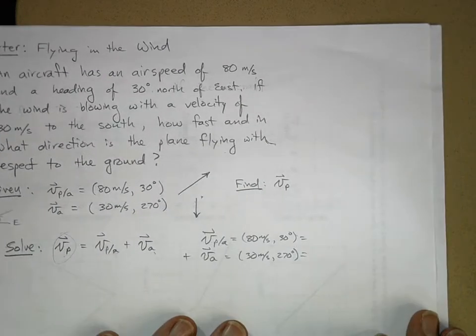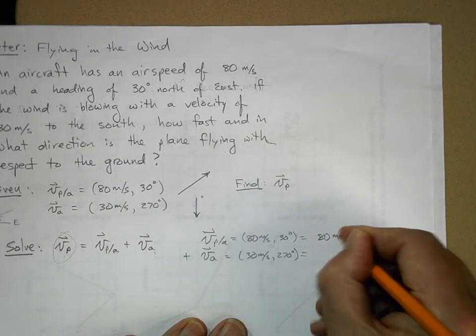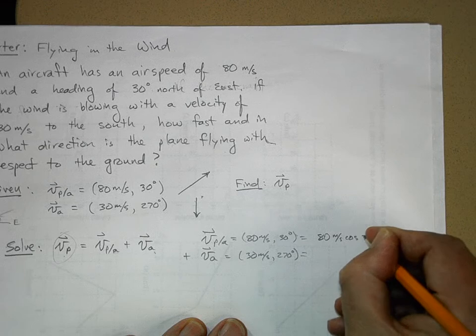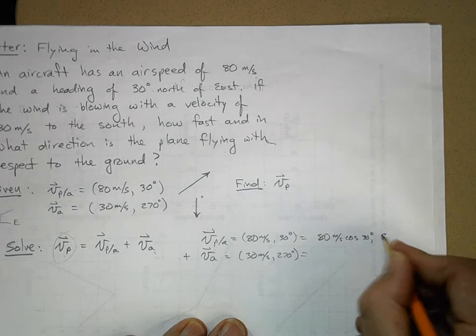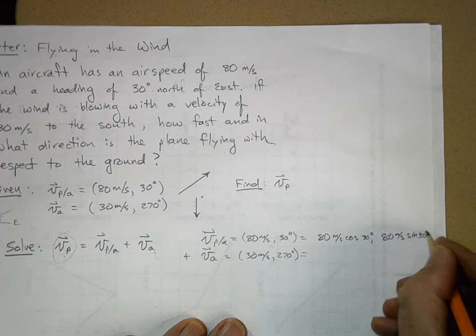So let's squeeze it in here. I'll have to write really small. 80 meters per second times the cosine of 30 degrees and 80 meters per second times the sine of 30 degrees.